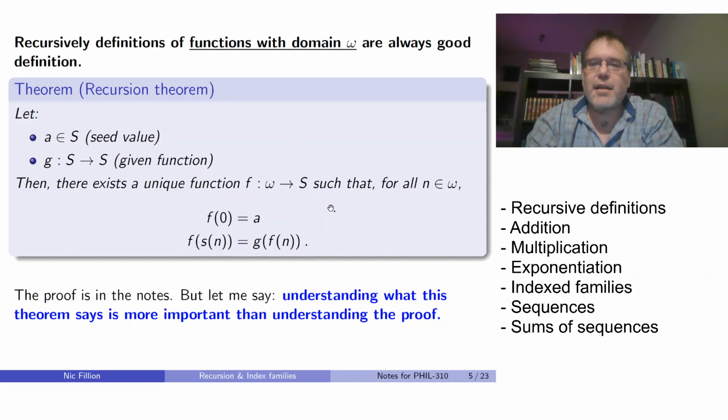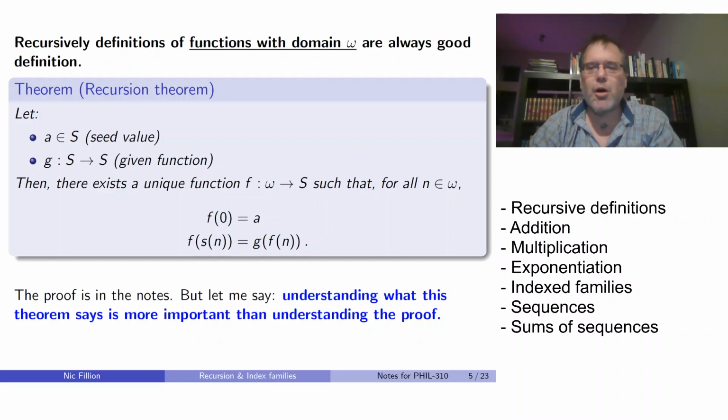And then we lay out those 2 equations, and that's going to define a unique function from the natural numbers to that set S. So there's going to be a unique function that satisfies those 2 equations for any natural number n. So there's a proof of that theorem in the notes. If you're struggling a little bit with the proof, don't worry about it.